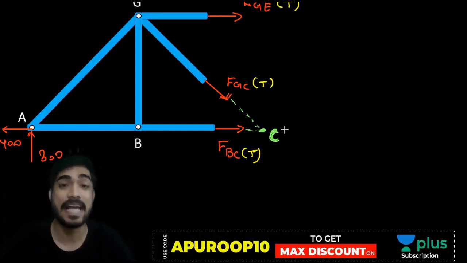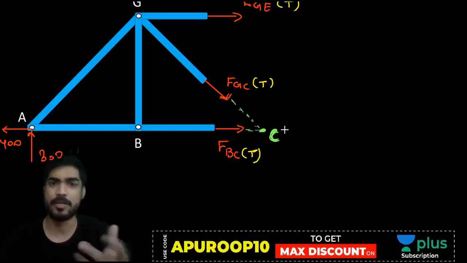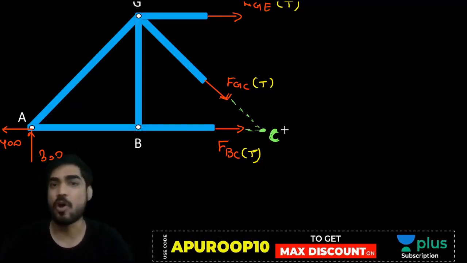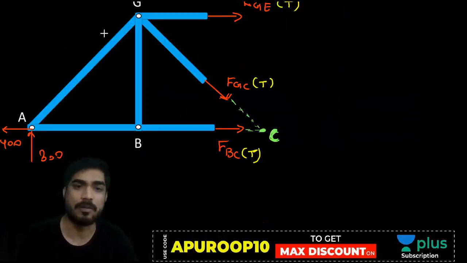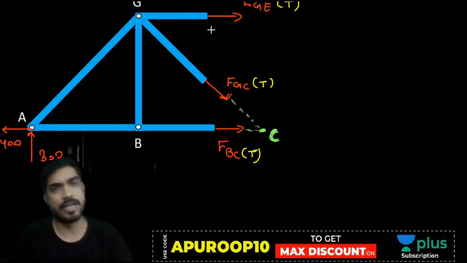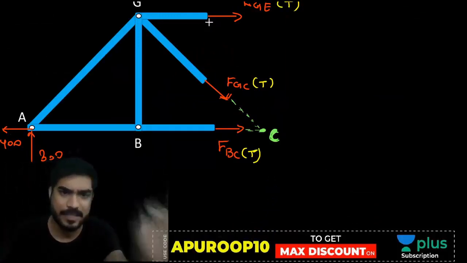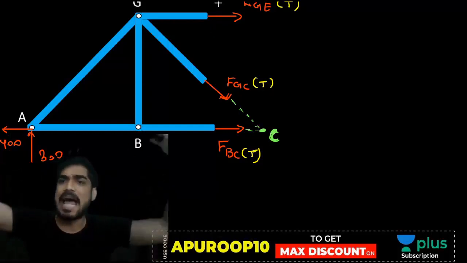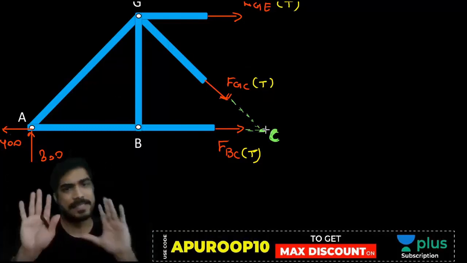Now you will say that point C is not part of this truss. How are we going to take moment at point C? It is not necessary, beta, that you can only take moment about a point of the truss. You can take moment about any point. That point can lie outside the body. So I am considering only this much body, but I can take moment about point C also.